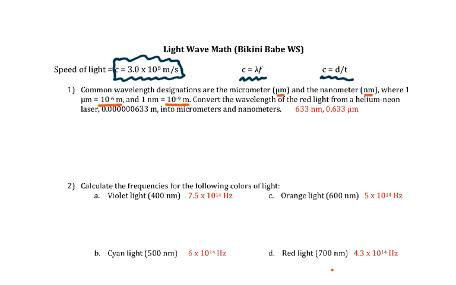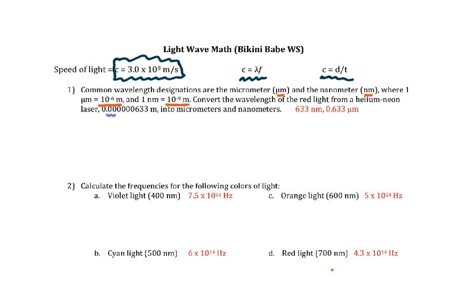Okay, so red light from a helium neon laser is 0.000000633 meters. So very, very tiny wavelength. They want us to convert it into micrometers and then into nanometers. So the easiest way to do this in this particular one for micrometers is just to count over 6 places.